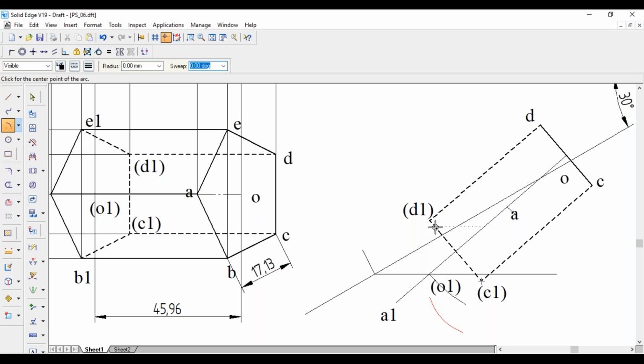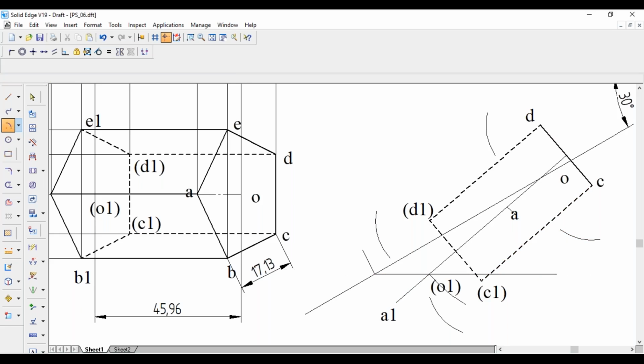D1 as center, 17.13 mm as radius, draw another arc. Similarly, D as center, 17.13 mm as radius, draw an arc, and C as center, the same 17.13 mm as radius, draw another arc.